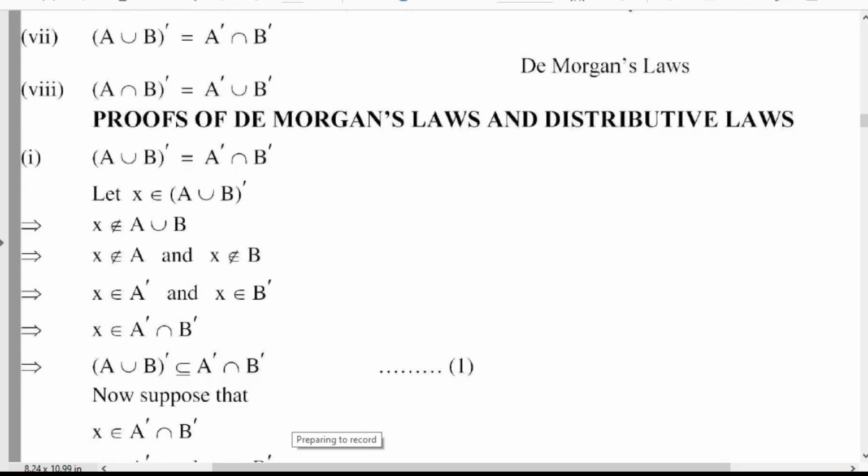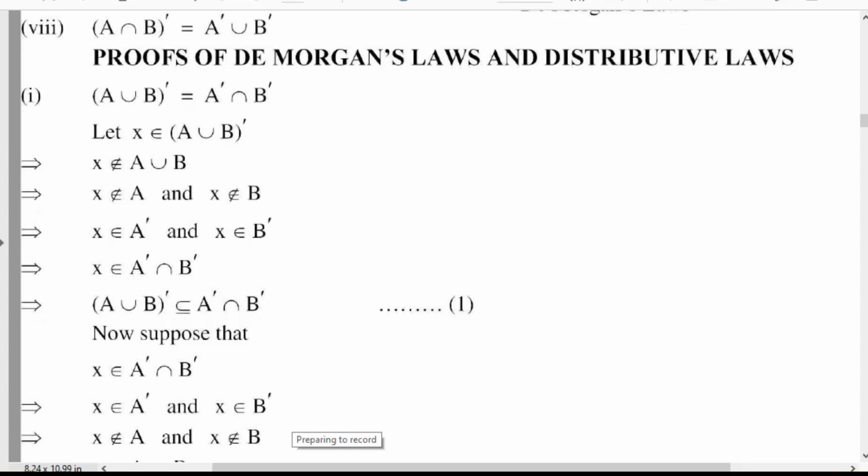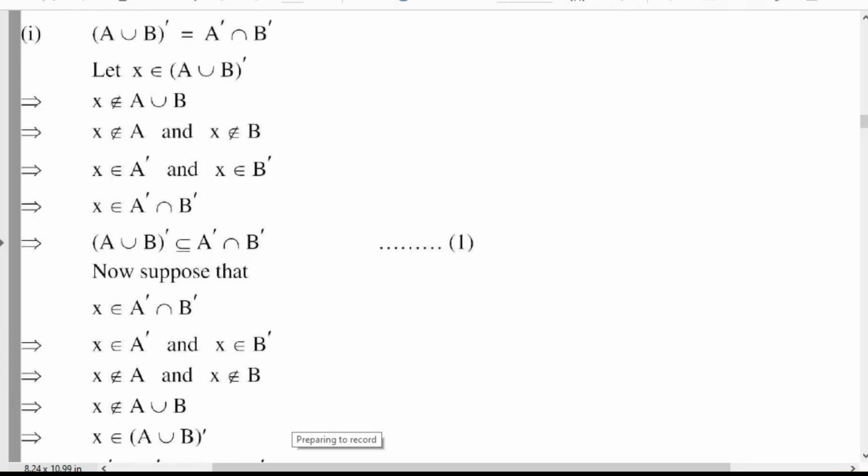Now suppose that X belongs to A complement intersection B complement. So X belongs to A complement and X belongs to B complement, which implies that X does not belong to A and X does not belong to B. So X does not belong to A union B, so X belongs to (A union B) whole complement.